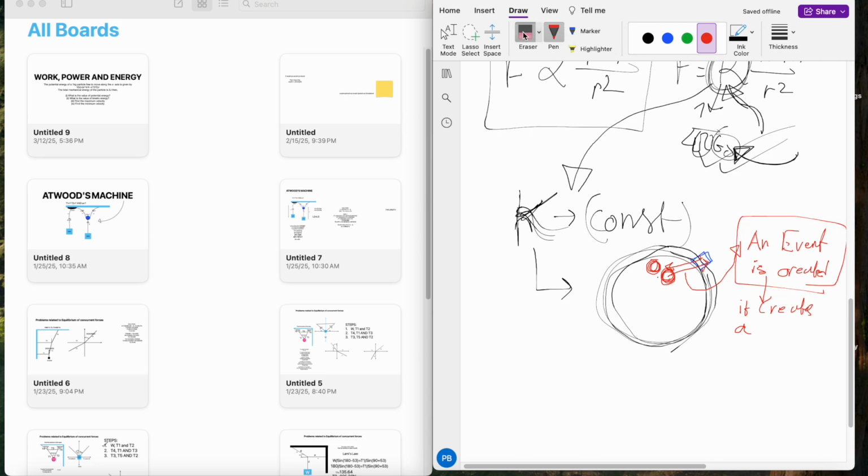So the result, at the end of the day, due to the happening of this phenomenon, the force gets activated, and it works. How does it work?